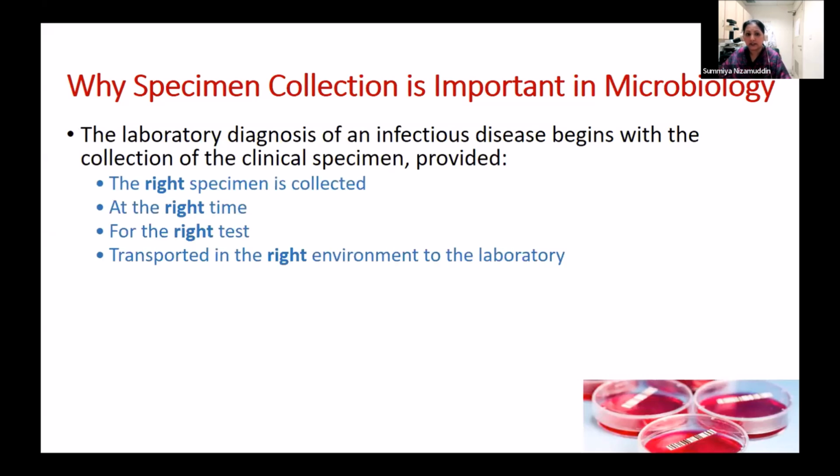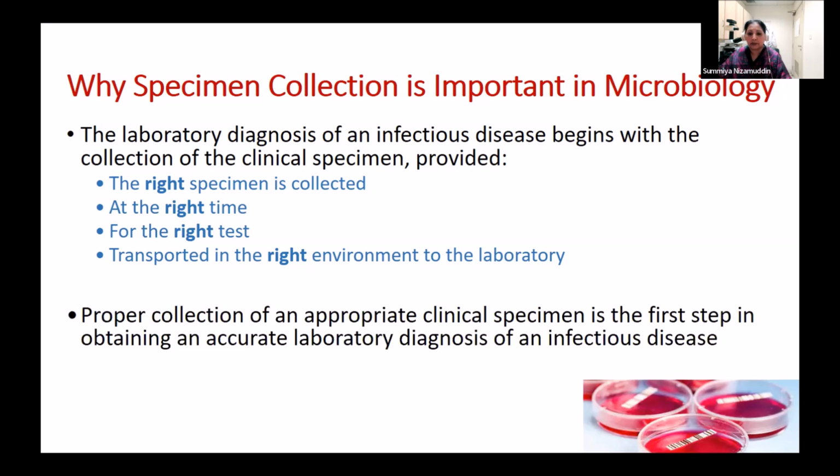When you're choosing a specimen to be sent to microbiology, you have to ensure that it's the right specimen collected at the right time for the right test from the right patient, and that it is transported to the laboratory in the right environment. These are prerequisites for a laboratory diagnosis of an infectious disease. Proper collection of the appropriate clinical sample is the first step in obtaining an accurate laboratory diagnosis of an infectious disease.